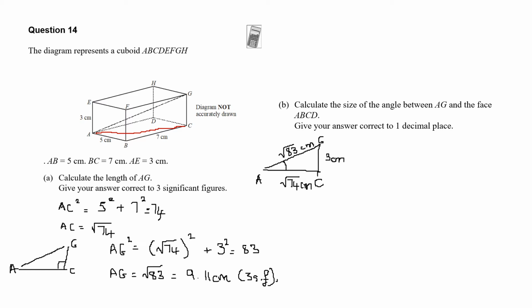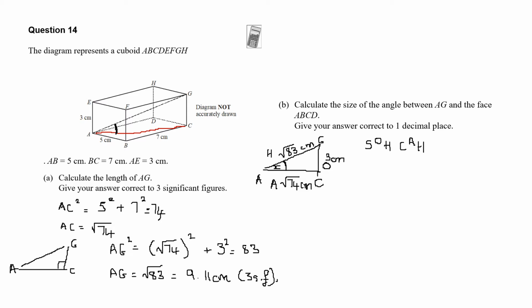I want to find this angle, the angle between AG and the base ABCD. I'm going to mark this angle as X. So this side is opposite the angle, this is adjacent to the angle, and this is the hypotenuse. So it's a right angled triangle.